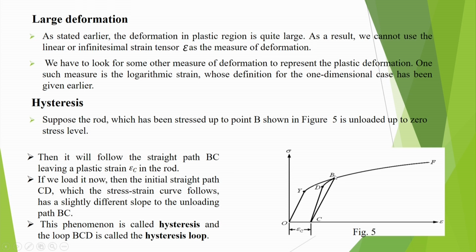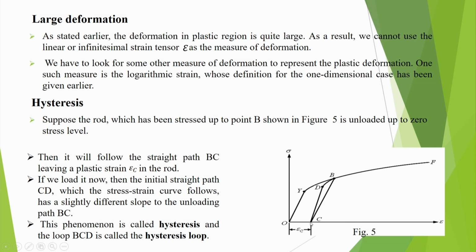Unloading is elastic, that means during unloading the material will follow the path BC, from B to C, where BC is parallel to OY. You come to this point C, which is on the strain axis. This point indicates the plastic, permanent deformation. So, OC is a permanent set, a permanent strain, and I am indicating it by epsilon C.